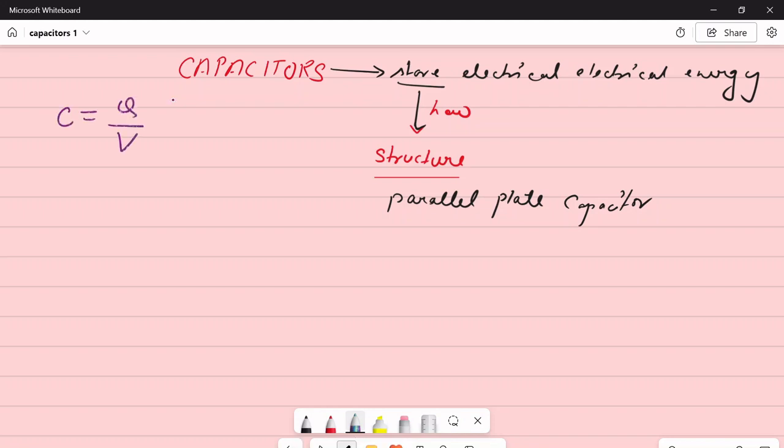C is equal to Q by V. So the C over here is nothing but the capacitance. It's not capacitor, but the property of capacitor, which is called capacitance. Now, this capacitance basically defines your ability to store the charges. Higher the capacitance, higher the charge storage, right?